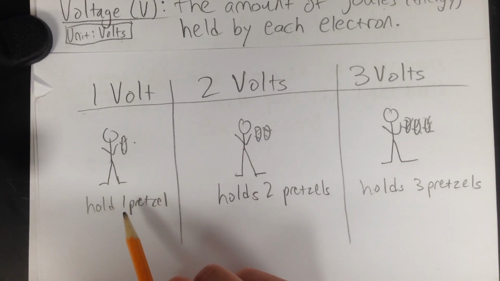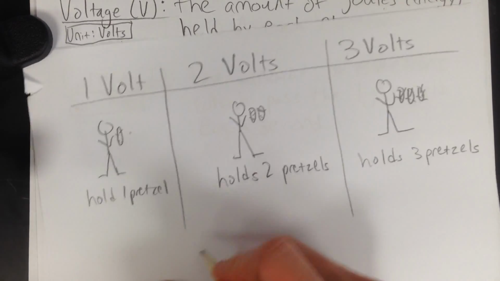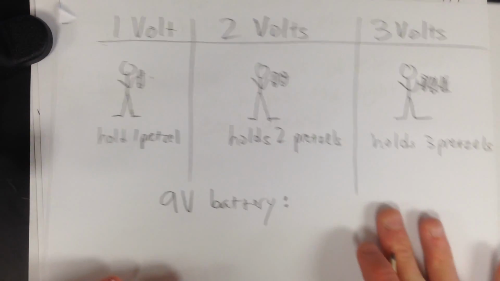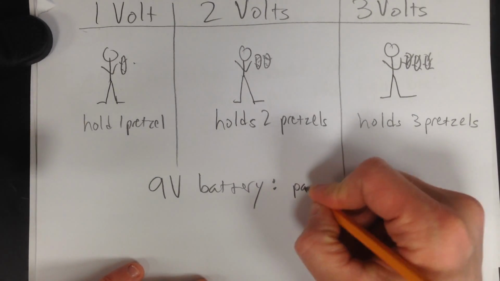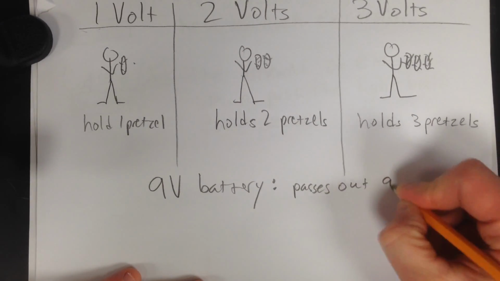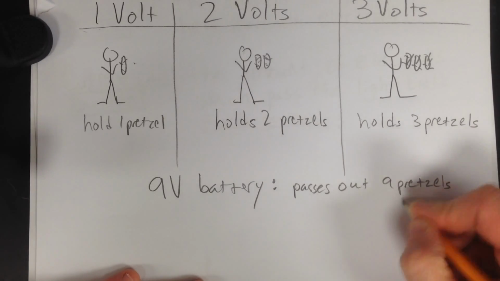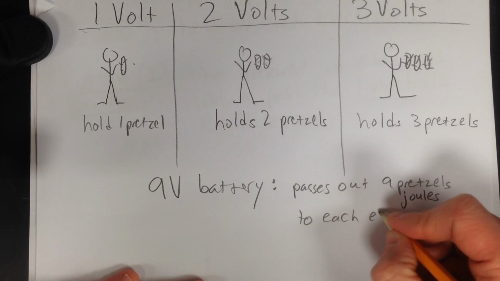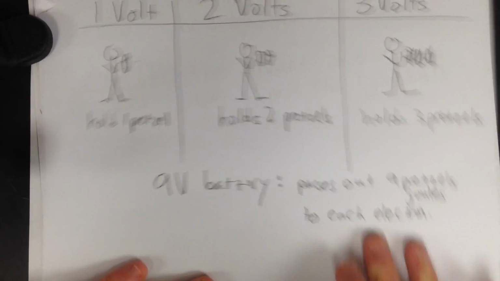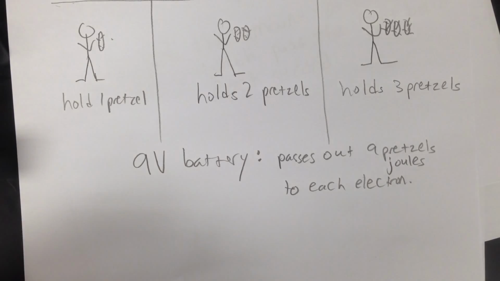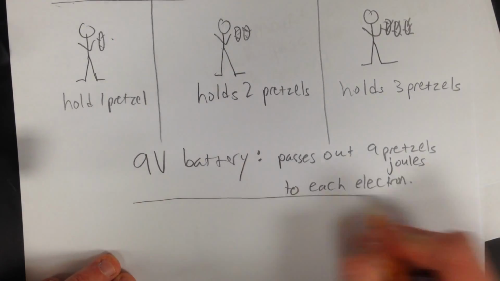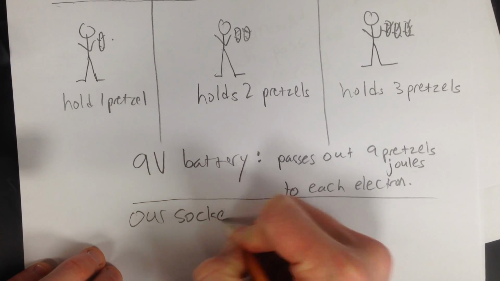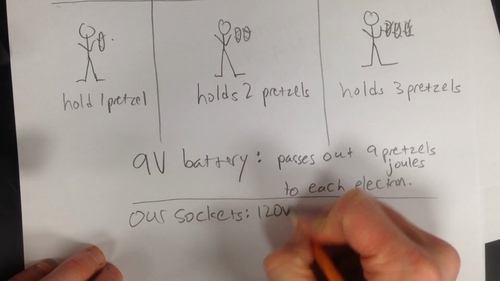So a 9-volt battery passes out 9 pretzels or 9 joules to each electron. That's what a 9-volt battery does. Coming out of our sockets is 120 volts.